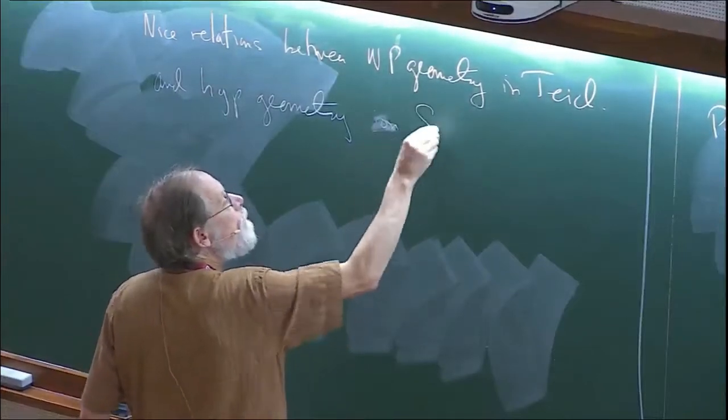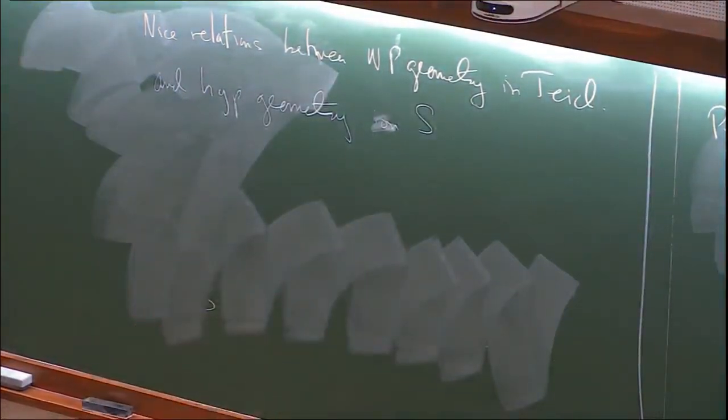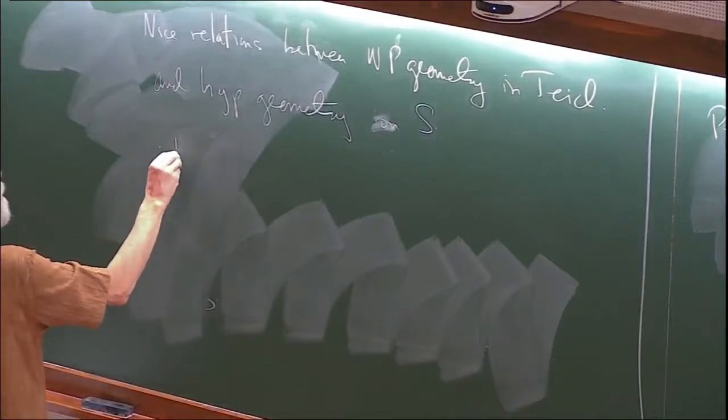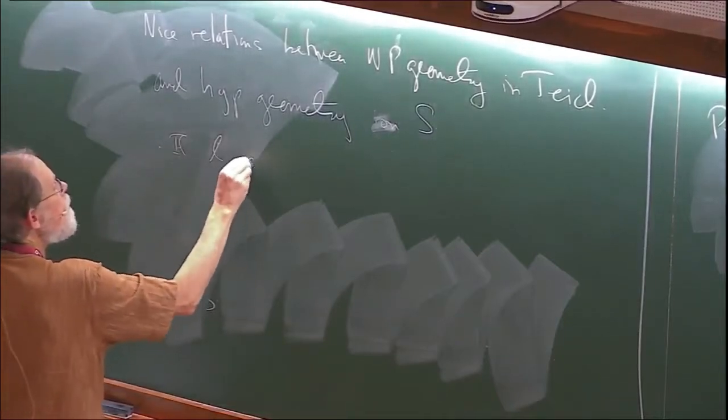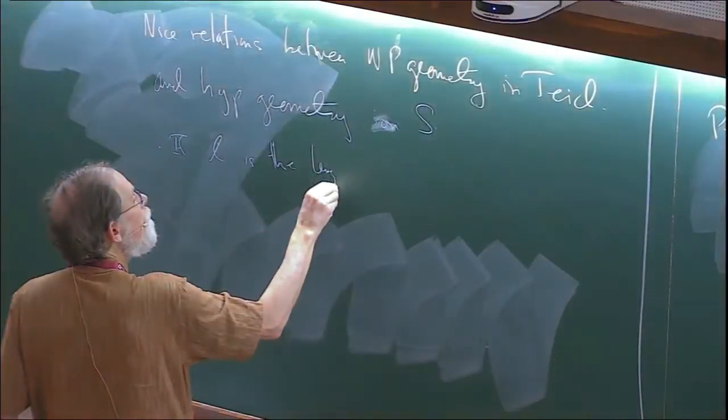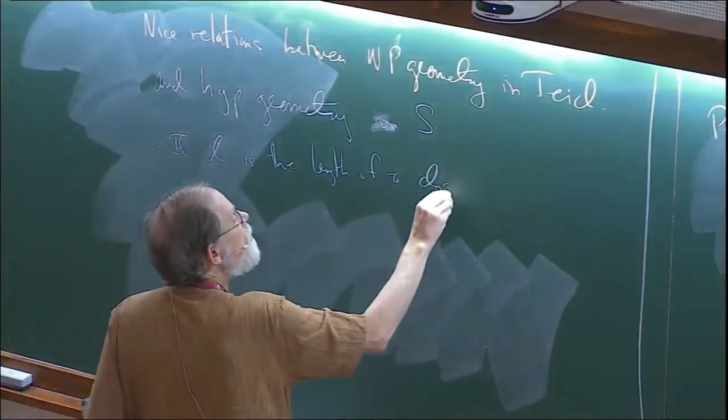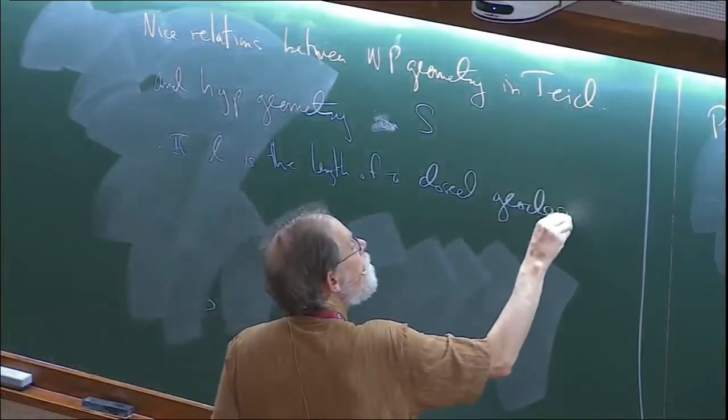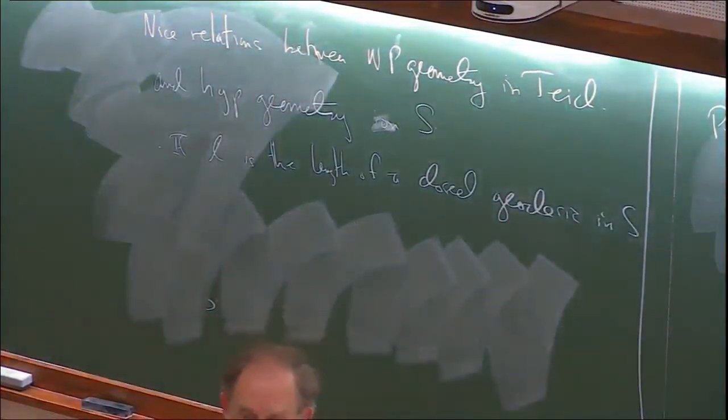And if you were thinking of varying the complex structure, there are those pictures of the surfaces which are flat everywhere except for those cone-like singularities. If you're thinking of how those structures vary, then you want to think of the Teichmüller metric on Teichmüller space. But here we wanted to use the Weil Petersson metric, and the basic fact is that if L is the length of a closed geodesic in S, that isn't quite right.